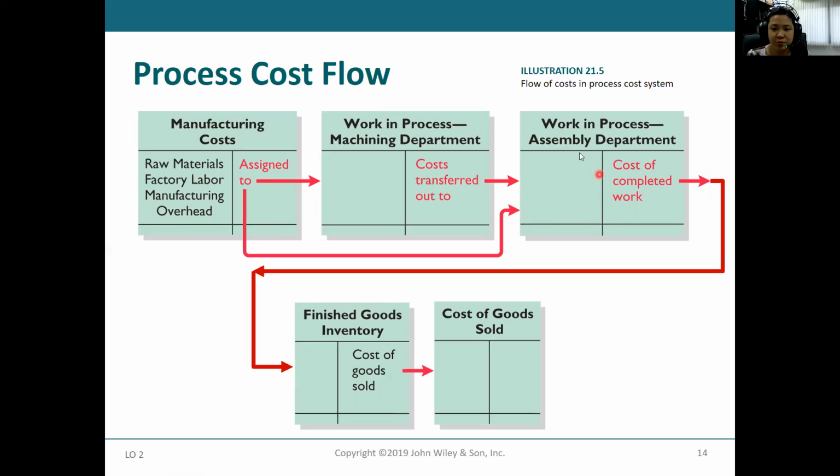When we finish producing in the assembly department, it goes to finished goods inventory. And when we sell the products, it goes to cost of goods sold. So you can see here we will have more than one work in process account, from one department to another department.